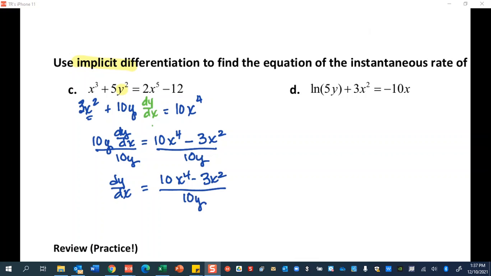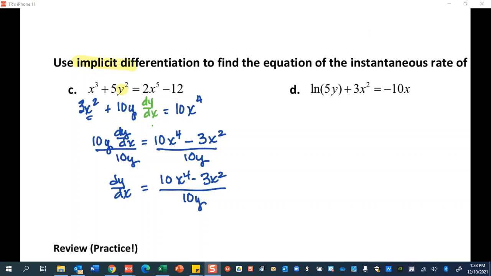Done. I'm not going to bother simplifying anything. I know these 10s are friendly, but this 3 and 10 are not. There's nothing to do there, right? I know I could factor out an x squared, but why bother? It's not like I can cancel anything out, so I'm not going to.